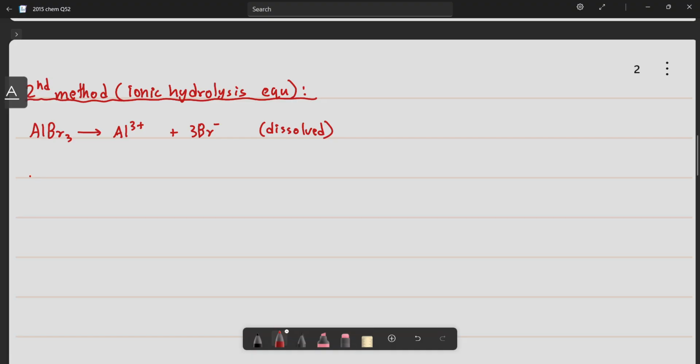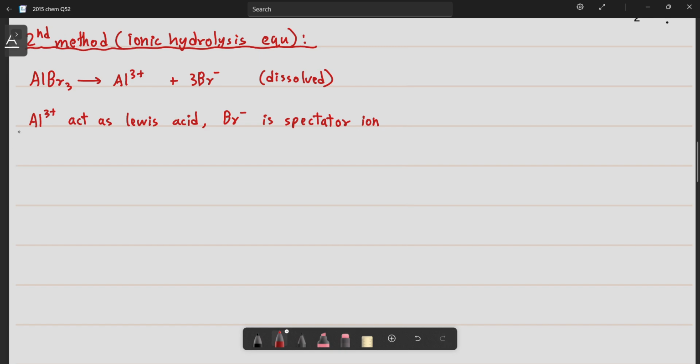Here, the aluminium ion, the cation, is going to act as a Lewis acid, whereas the bromide is just going to stay as a spectator ion because it's a highly stable ion, so it's not going to react or get hydrolyzed.